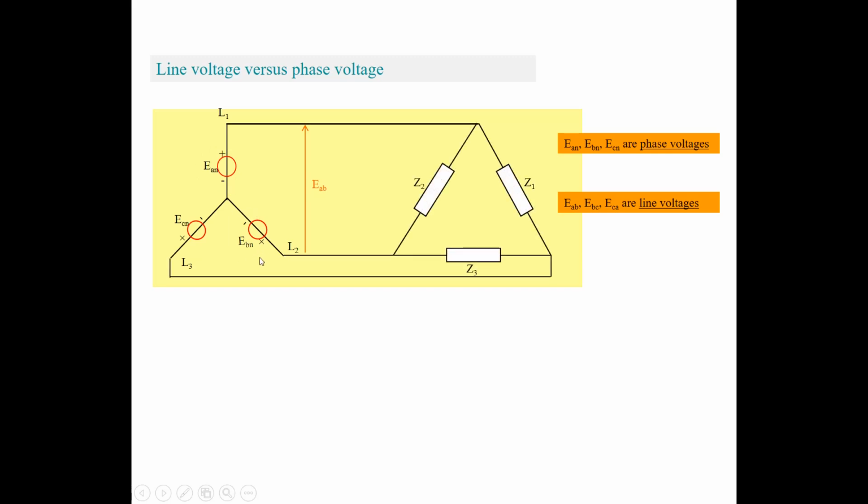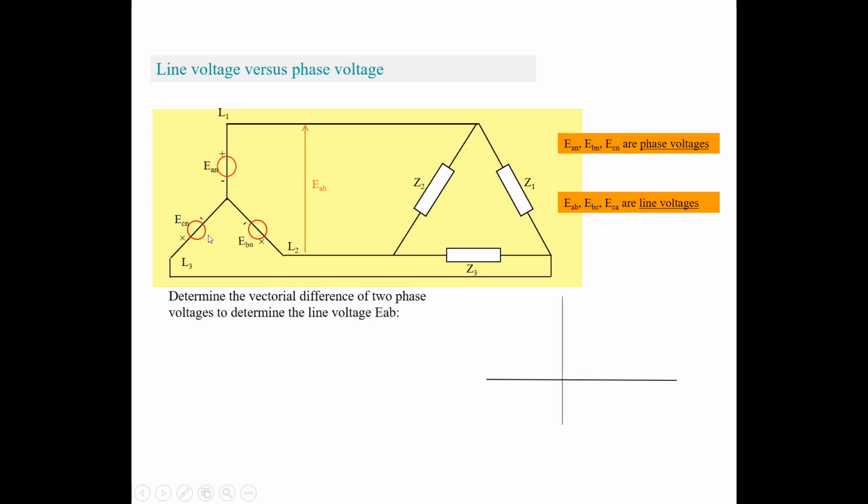And when we connect a load to it, and in this case it's a delta connected load with three equal impedances, Z1, Z2 and Z3, we have three phase voltages, EAN, EBN and ECN, and we have three line voltages, EAB, between A and B, EAC between A and C, and EBC, between the phase voltages EBN and ECN.